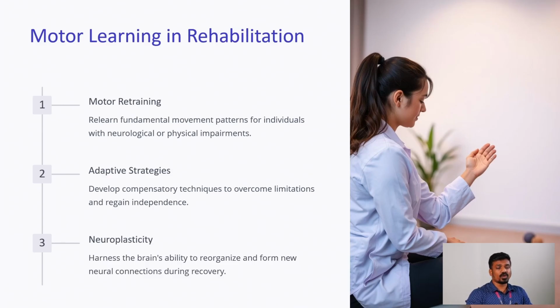After an injury or an impairment, individuals often need to relearn the basic movements, whether it's regaining the ability to walk after a stroke or relearning or refining motor skills after a hand surgery. Motor learning principles are used to retrain the brain as well as the body. So therapists use specific exercises and repetitions to help those patients restore lost motor capabilities and abilities.